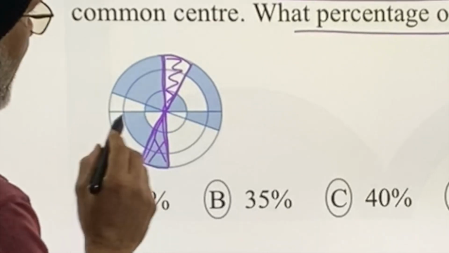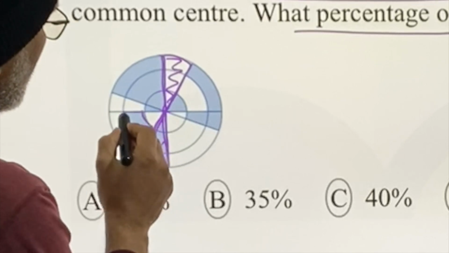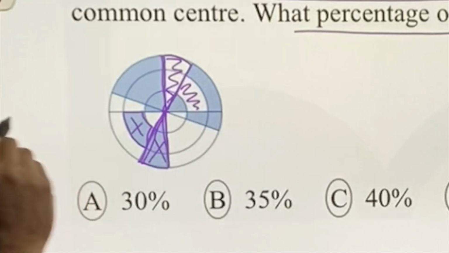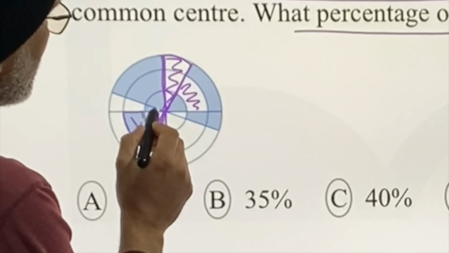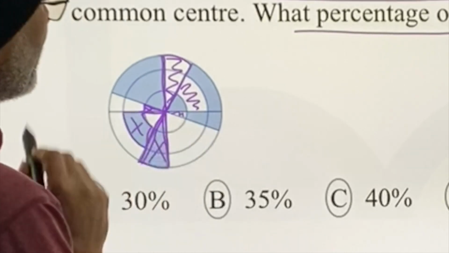Similarly, this area here is going to be the same as this. I will do the same thing here. This small area, I can get rid of, and have this instead.